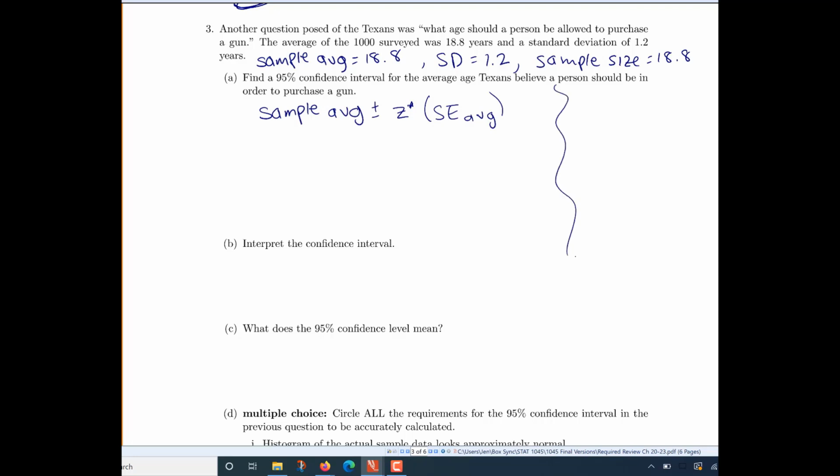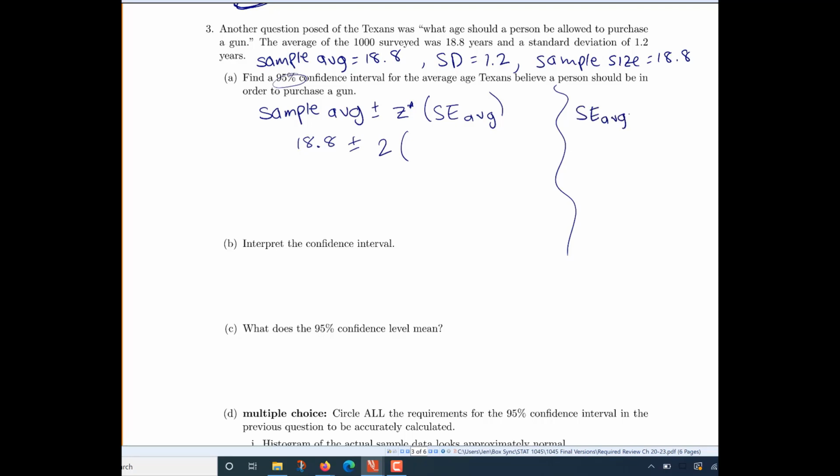Let's see. My sample average is 18.8 plus or minus z star. This is a 95% confidence interval, and we've memorized that for 95% it's just 2 standard errors. So we can just do 2 without having to look it up. And now standard error. I don't know that yet, so let's go find it.